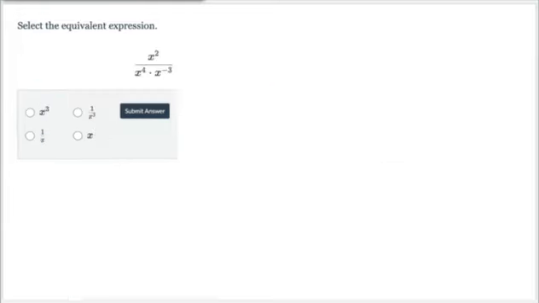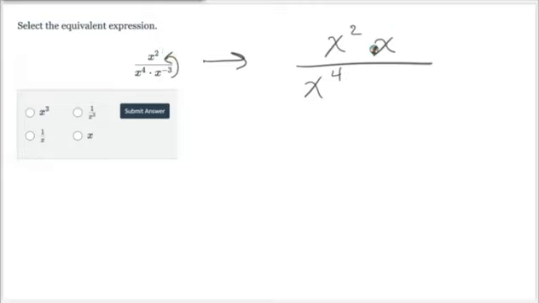Okay, let's go to another problem. So for this one, I have only x terms, so I don't have any y terms. So I'm just going to use what I know about negative exponents to rewrite this problem. So I also have x squared in the numerator. The denominator also has x to the fourth, but this x to the negative 3 will move up to the numerator, right? We'll flip it and we'll make the exponent positive.